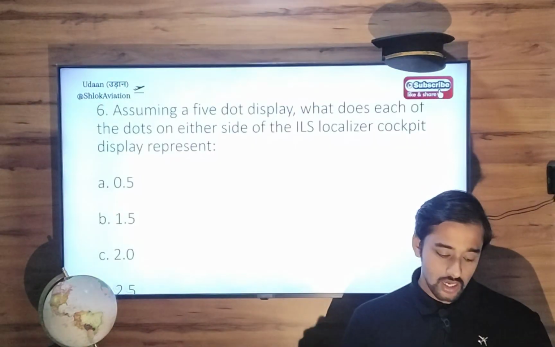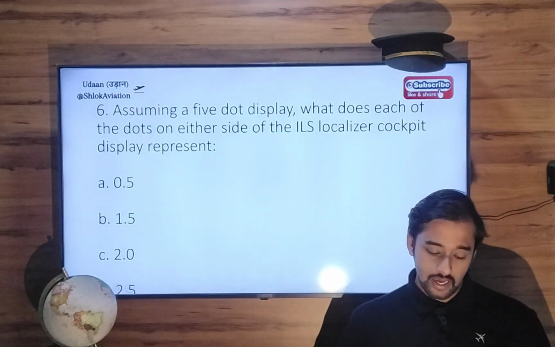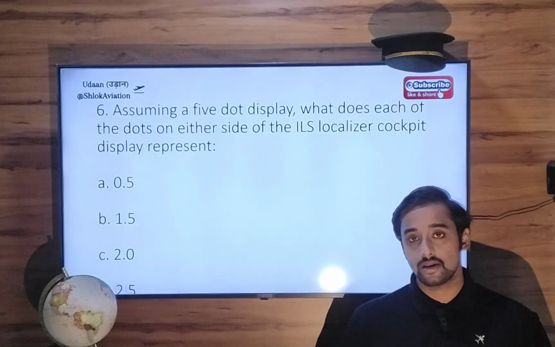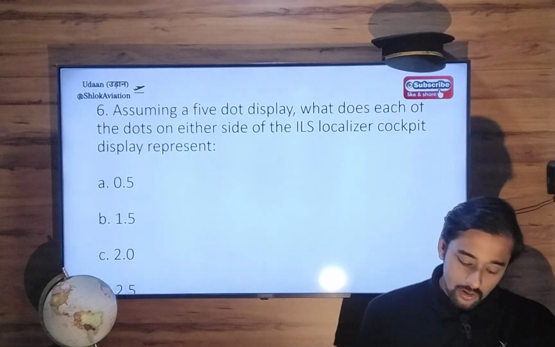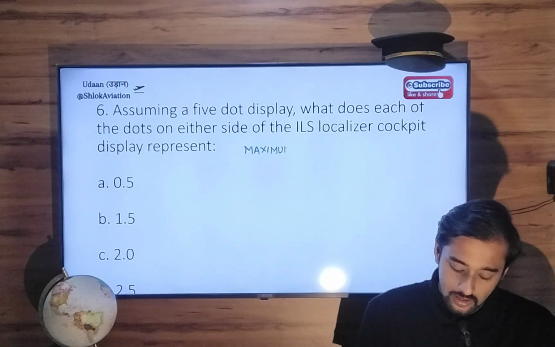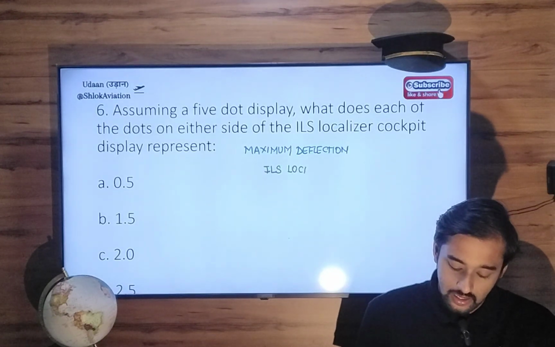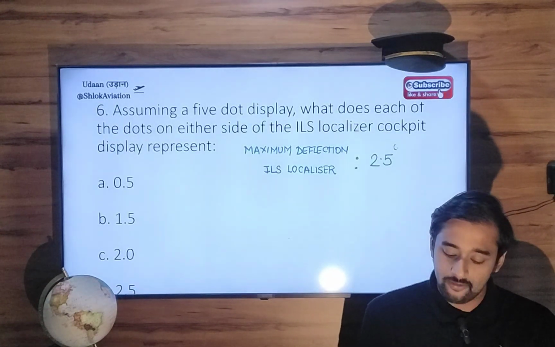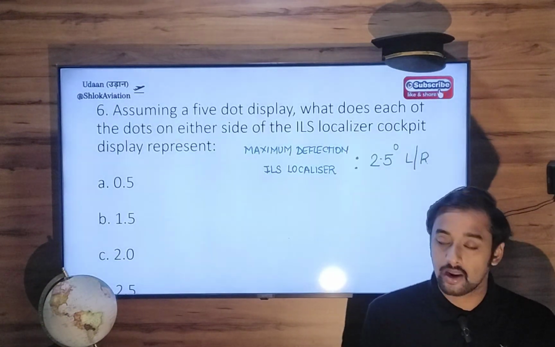Question 6. Assuming a 5 dot display, what does each dot on either side of ILS localizer cockpit indicator represent? Now the maximum deflection on ILS localizer instrument that is allowed is 2.5 degree, 2.5 degree left or 2.5 degree right.